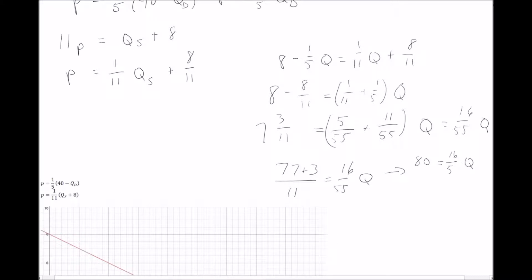I'm going to move the 5 to the other side and then divide by 16 and get that the quantity is equal to 80 times 5/16, which is 400/16, which is 25.